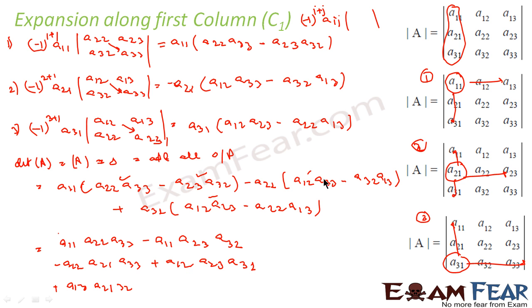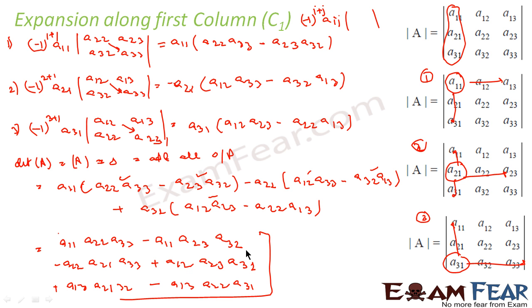This guy is also done. The last one left is this guy, so plus into minus is minus: minus a13 a22 a31. So you see, this is my value.